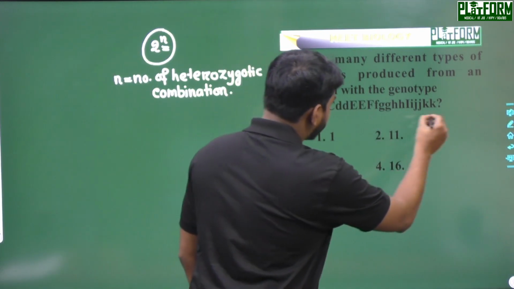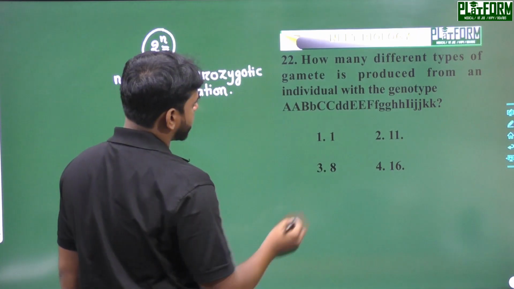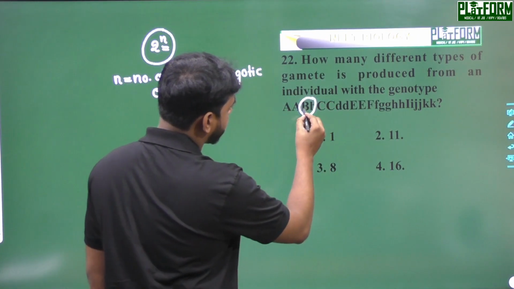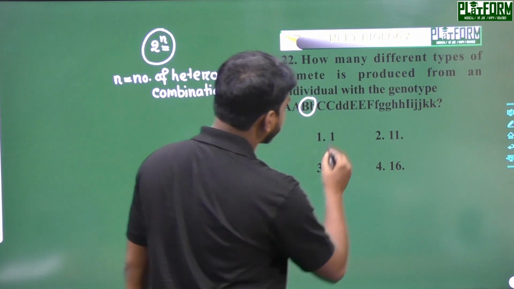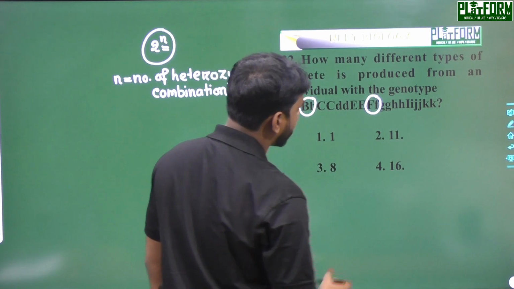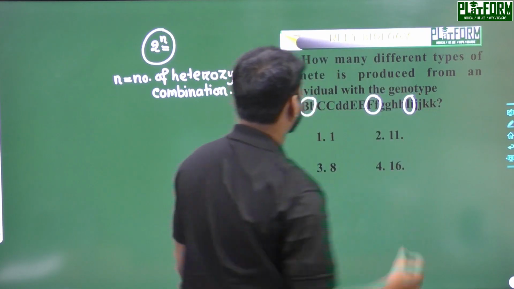Now, in this particular genotype, it is observed that heterozygotic combination is found in capital B, small b, capital F, small f, and capital I, small i.